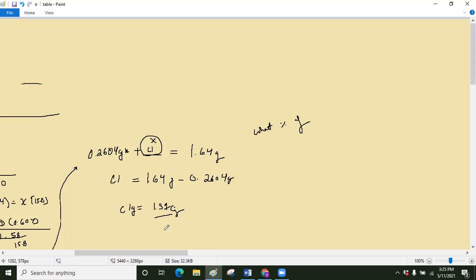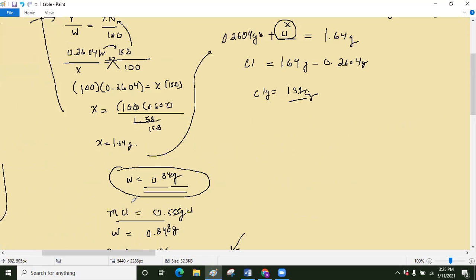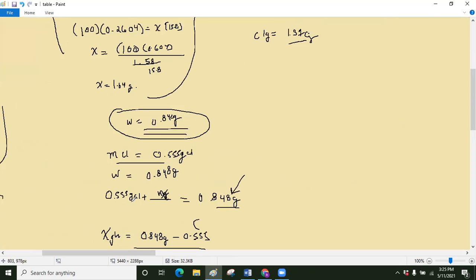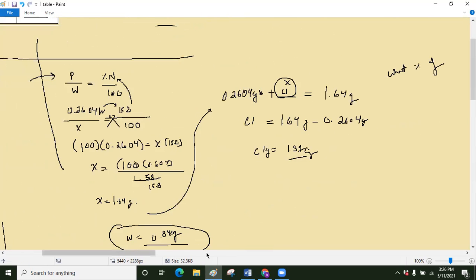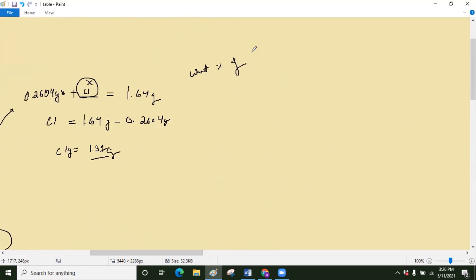And the total, I think we discussed in a previous example, was 1.64. What percent of 1.64 grams is chlorine, which we said was 1.37? So what percent of 1.64 is 1.37?